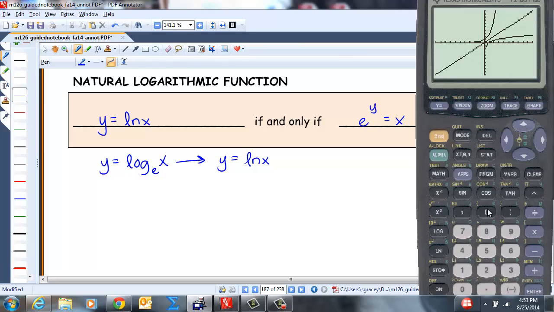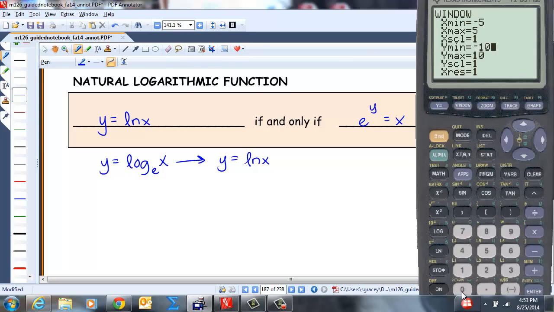All right, so actually let's push the window in a little bit. So the x minimum, we could just do -5 and 5. And then the y minimum, no, that was good.